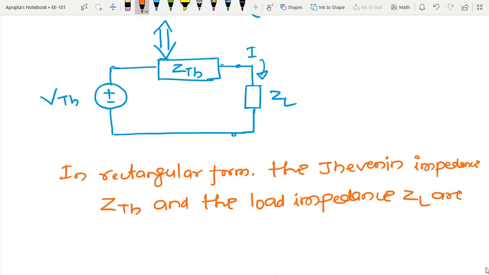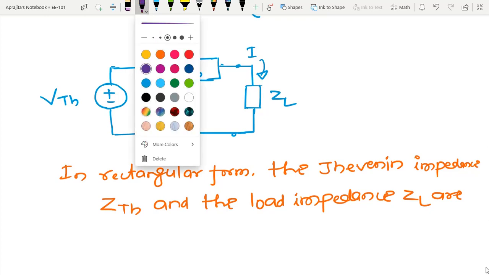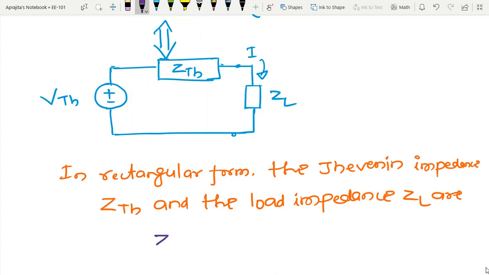I write these quantities like this: ZTH is RTH plus jXTH. So this is resistance plus reactance, and j is the complex number.